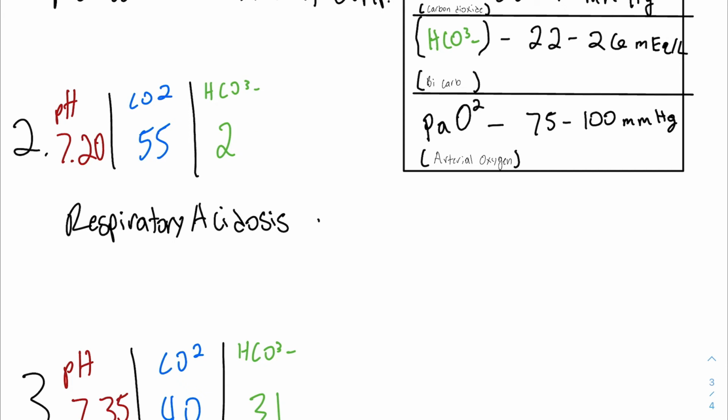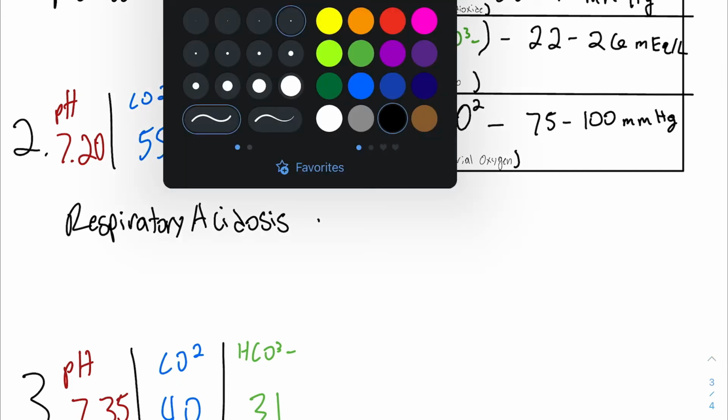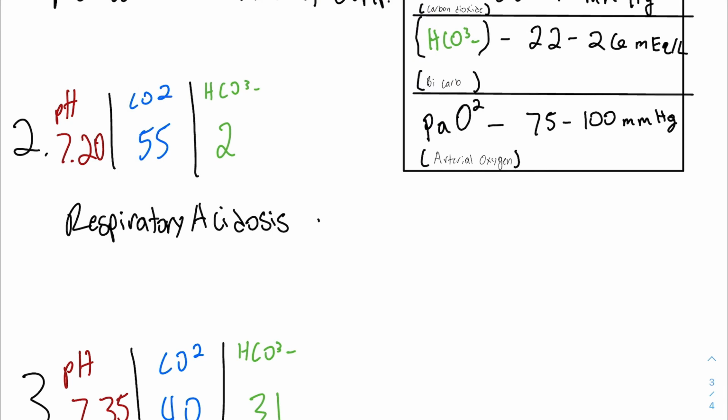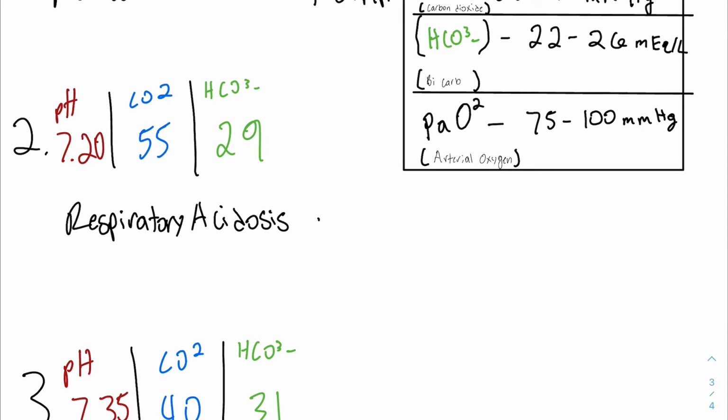But let's erase this. Let's say this bicarb was 29, which we know only goes up to 26, so it's out of the normal range, right? The bicarb is higher than normal, so we can tell that it's trying to fix this 7.2 blood pH, because bicarb is basic. So the more bicarb we have, the higher the pH is going to go.